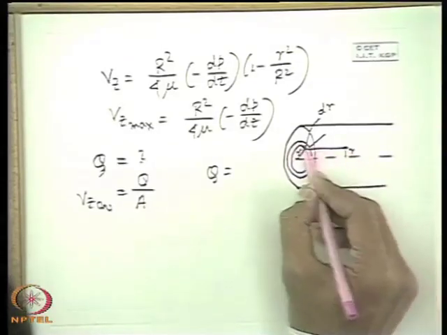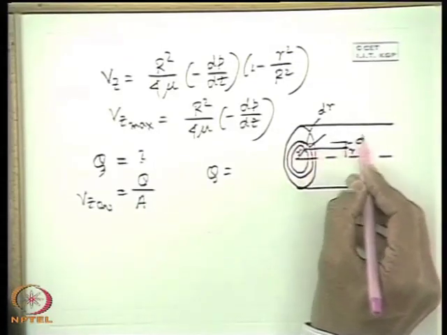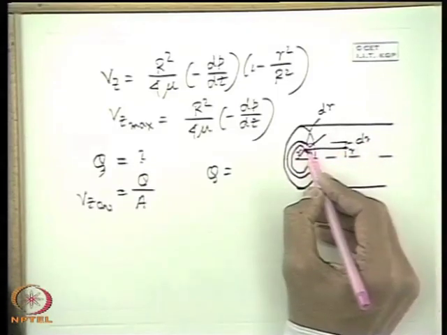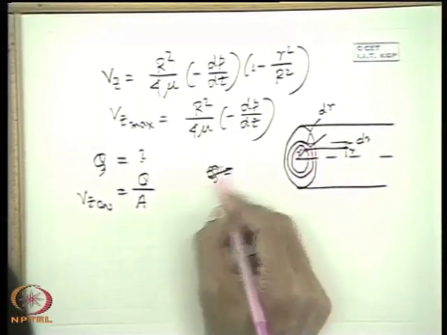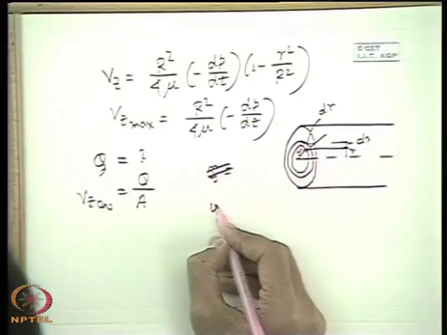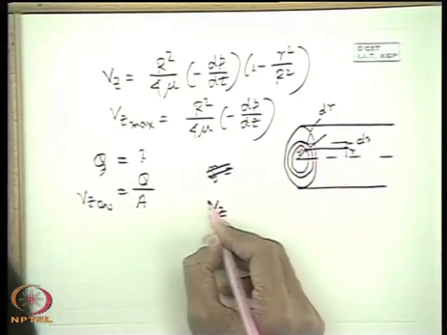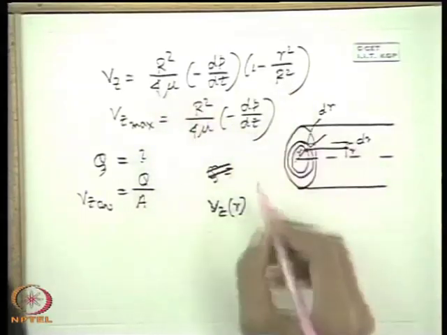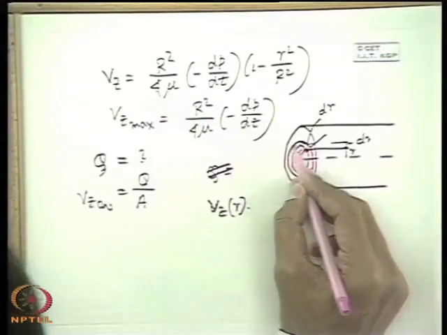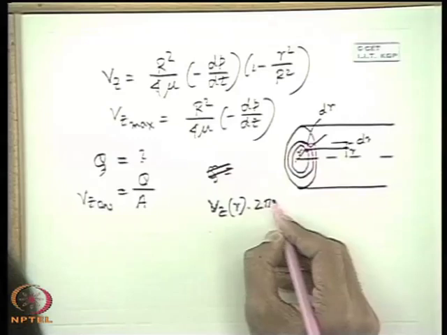We consider an elemental thickness dr here and find out the flow rate through this annulus. The flow rate through this annulus is Vz at that r, which is a function of r given by this, into the area of this annular ring, twice pi r dr.